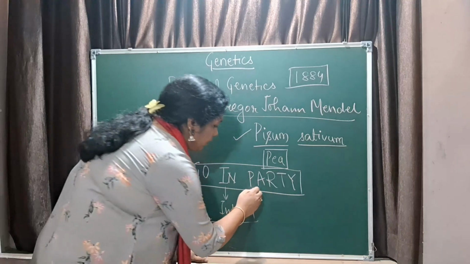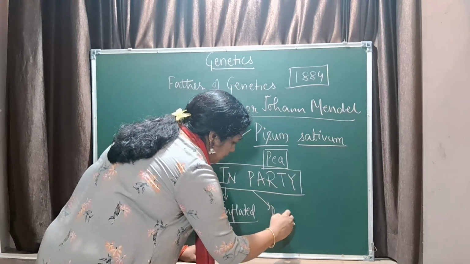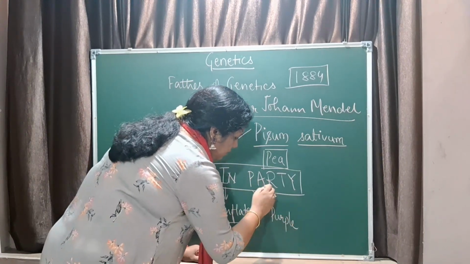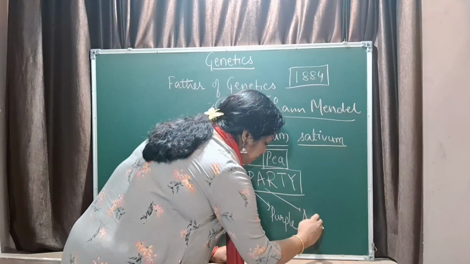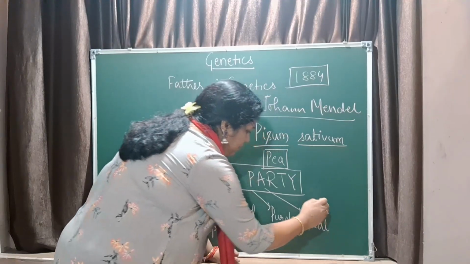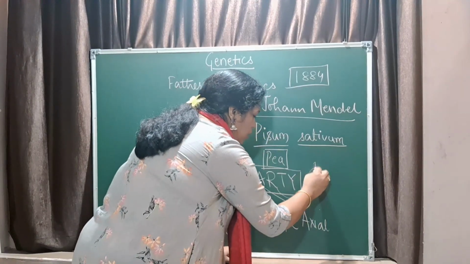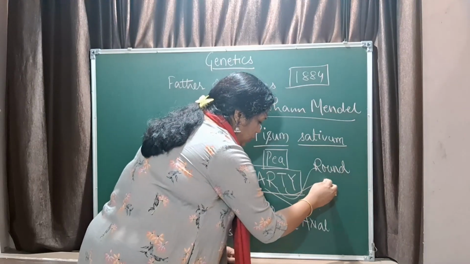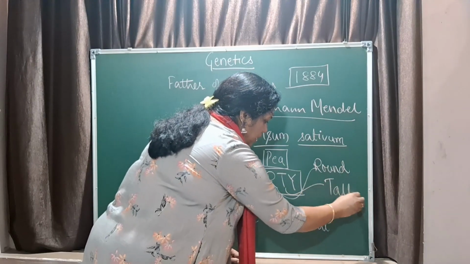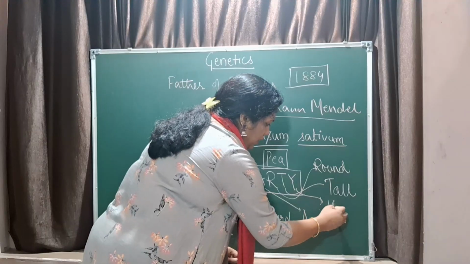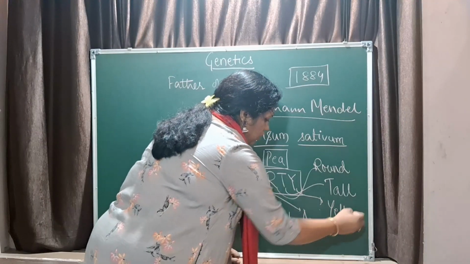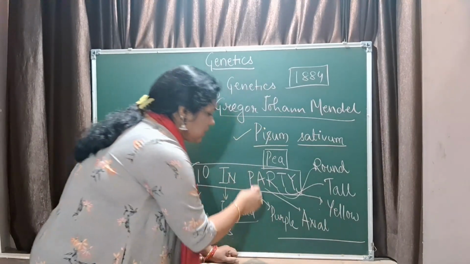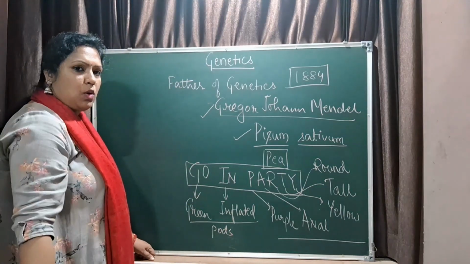Then you have purple flower, axial flower, round seed, tall plant, and yellow seed. Always remember, flower and seed come in party and pods come in go in.